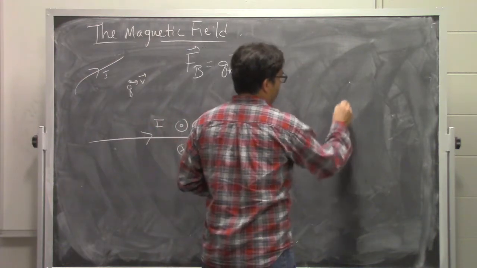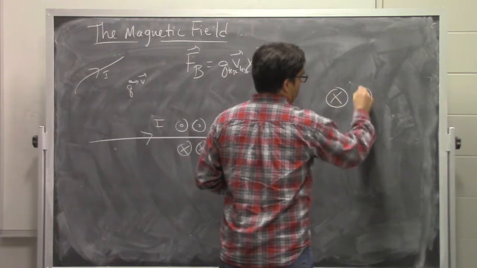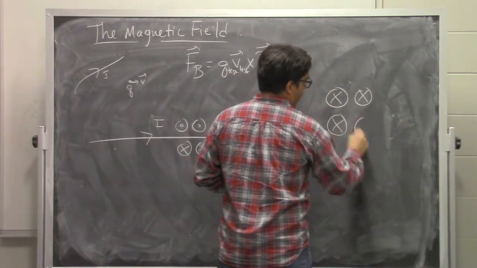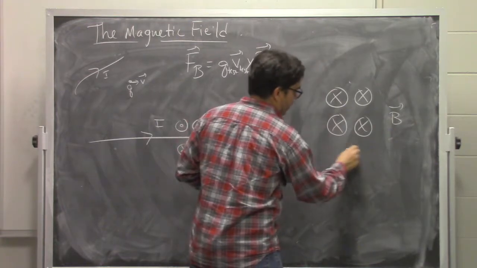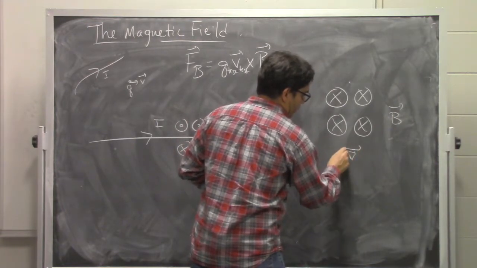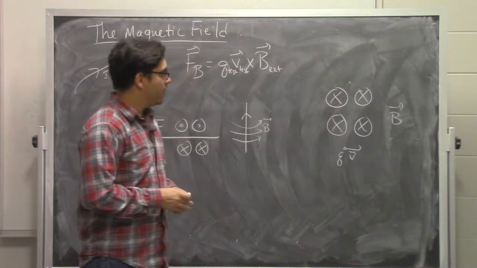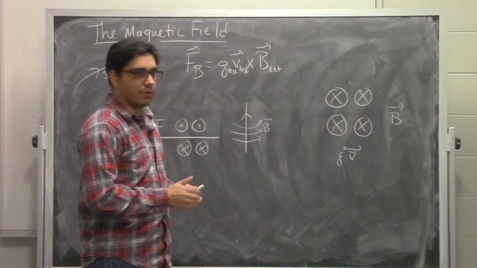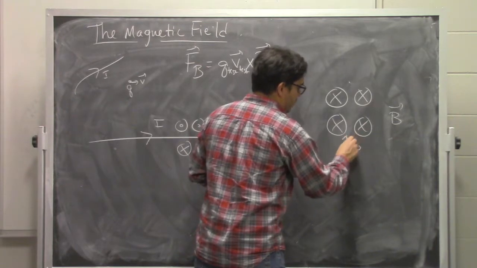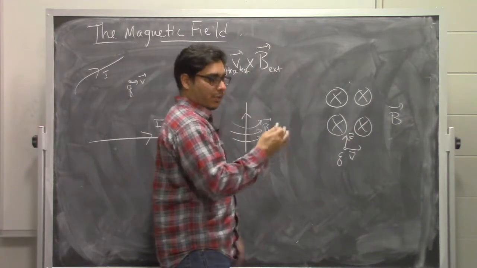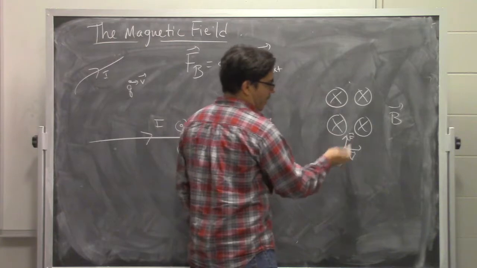Because what happens is if you have, let's say, a magnetic field that points into the board like this, and you send a charge in, let's say a positive charge that moves like this, the force that it's going to experience is going to be, in this case, pointed upward. So it'll get pushed a little bit. Its trajectory will turn just a little bit upward.